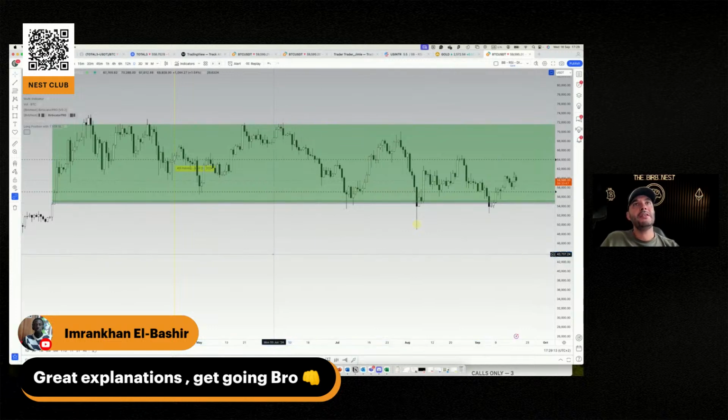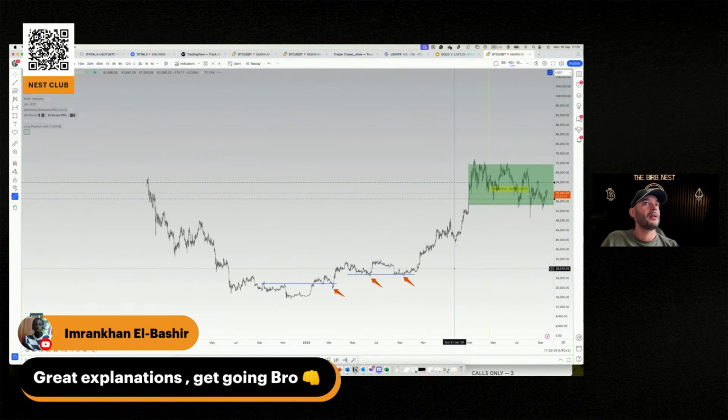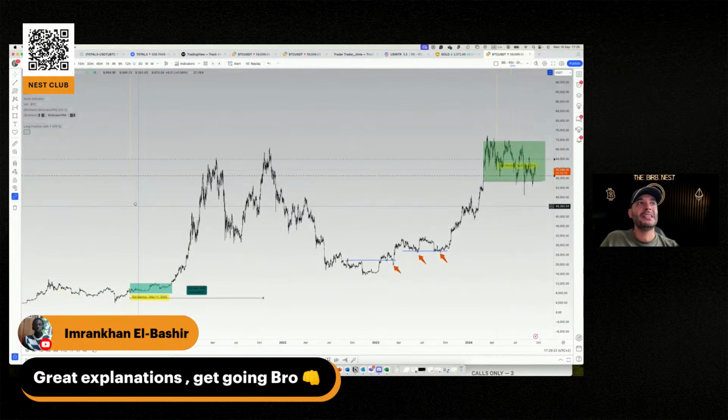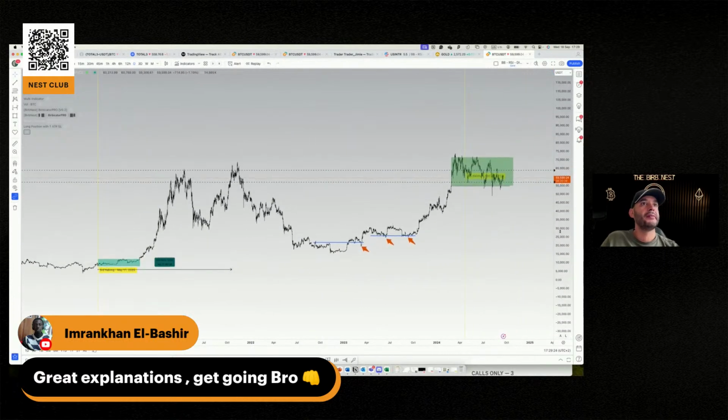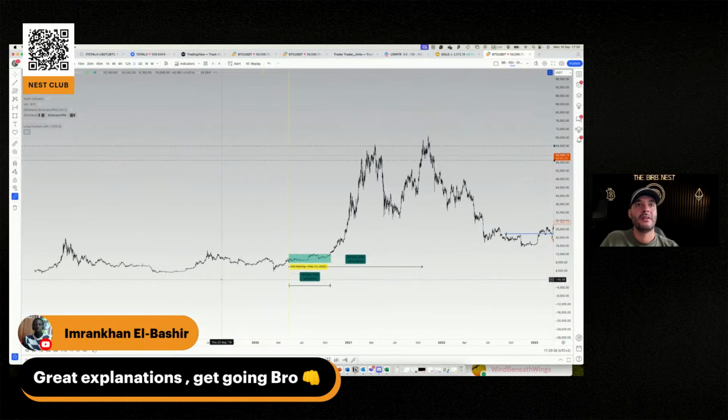I've shared this many times with you guys. I might repeat myself, but often when we see a halving event, as this one, normally it takes Bitcoin a long time to consolidate before it actually makes a real move. Here it took us 161 days.